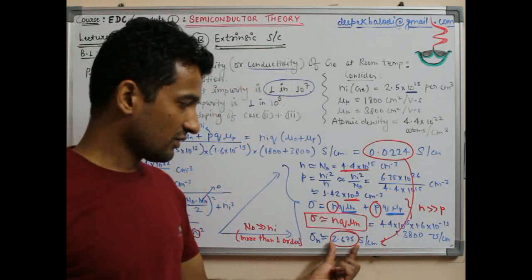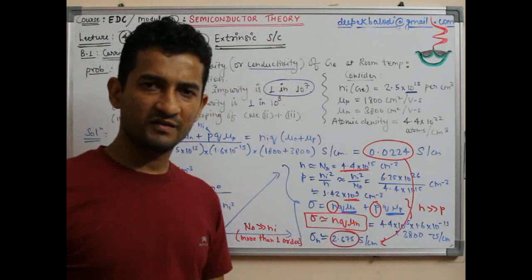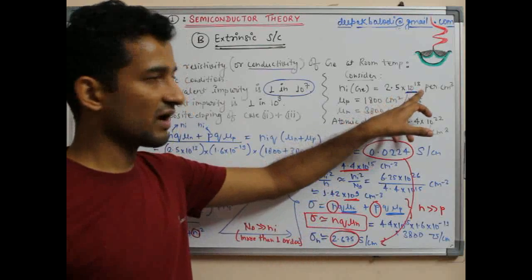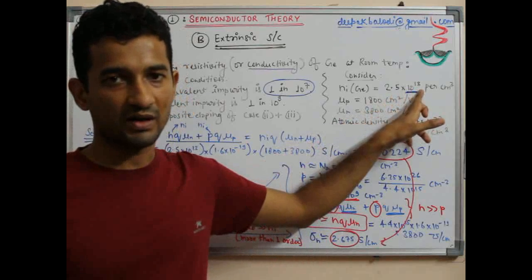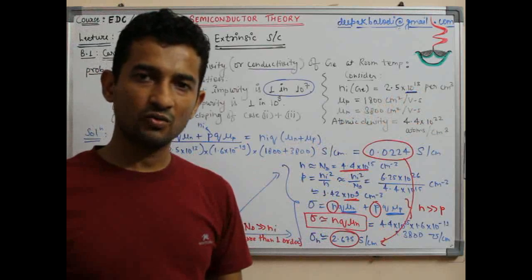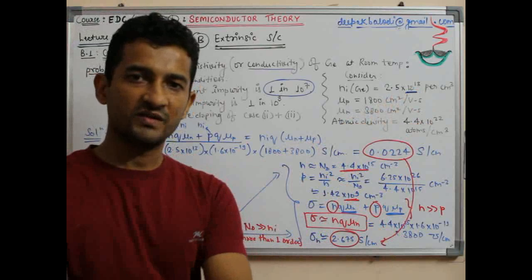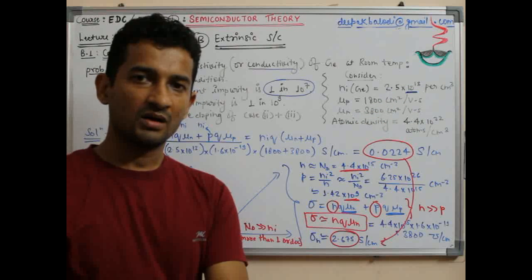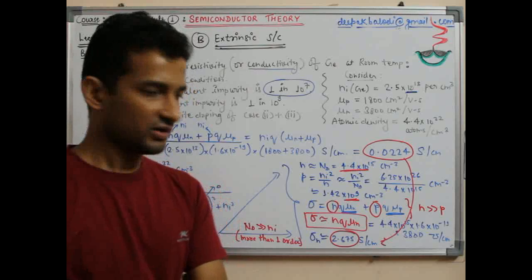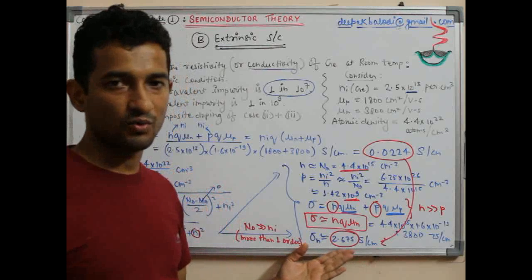So why is an improvement of only 2 orders sufficient in germanium? Because the intrinsic carrier concentration is already far better than what we see in silicon. So even if we improve the carrier concentration by only 2 or 3 orders, that would be sufficient to obtain the commercial range of currents or current density. So there is a far better improvement in the conductivity.